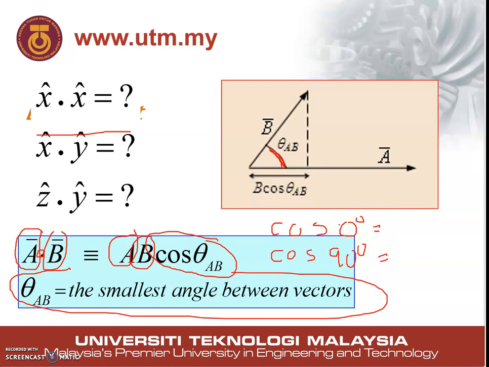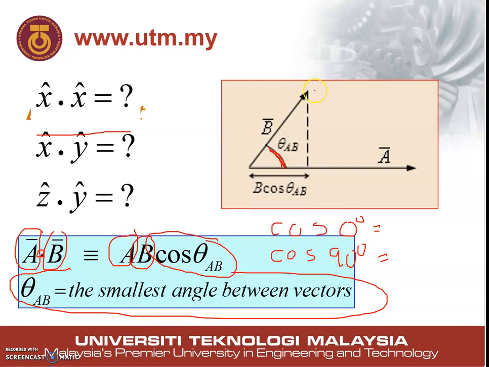It means the vectors are both parallel, going in the same direction, so it is 0 degree. How about 90 degree? 90 degree means that vector 1, for example, is orthogonal, 90 degree, with vector 2.